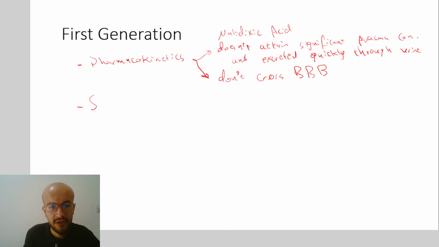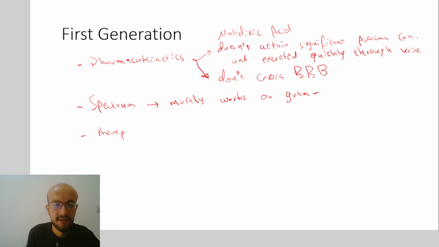Regarding the spectrum of nalidixic acid, it mostly works on gram negatives. Regarding the therapeutic uses, it is used to treat urinary tract infections in general.